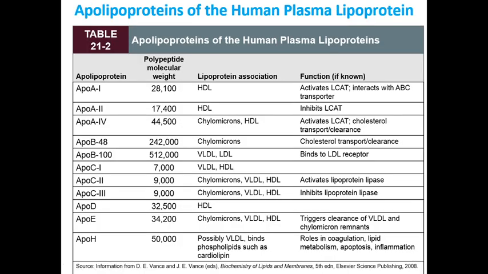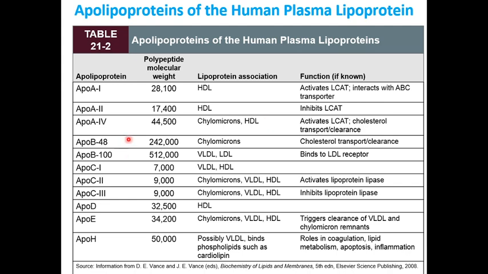Shown in this slide is a table depicting the identities of 10 distinct apolipoproteins that are associated with various lipoprotein classes. Each class of lipoprotein has a specific function determined by its synthesis, lipid composition, and apolipoprotein content.